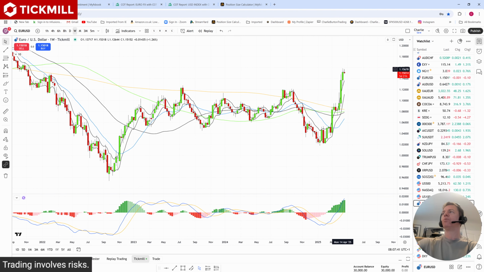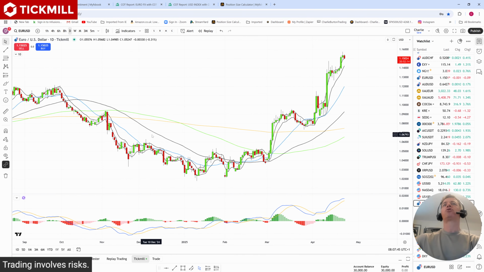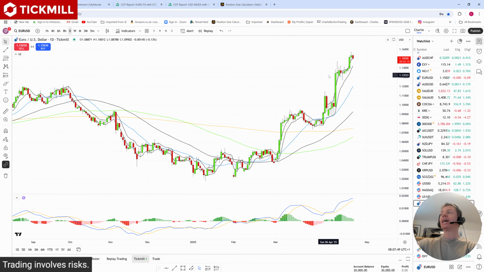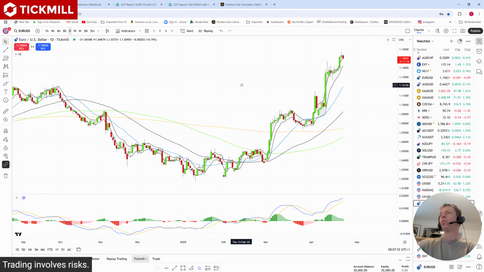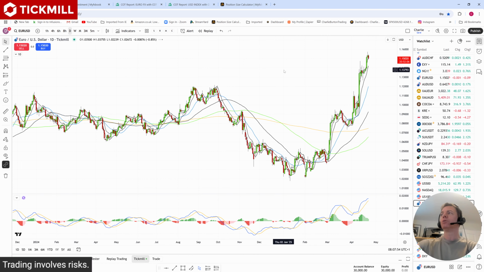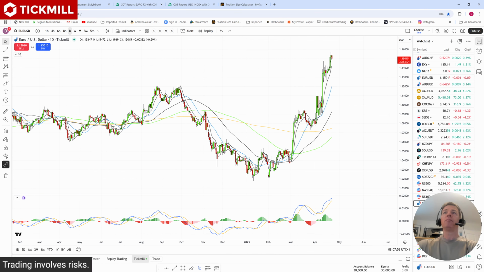I would never just short something because it looks stretched. Coming down to the daily charts, where would I want to be long if I was looking to get long now? I may put an order in on this account around this 112 zone, that high area from.